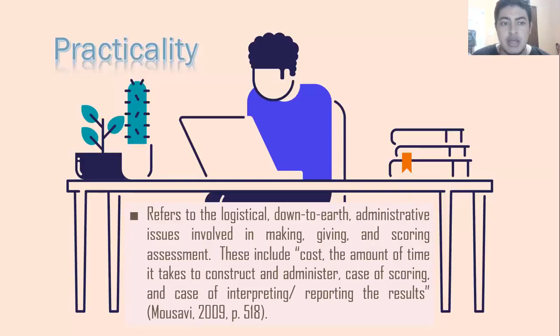We're going to see the first principle, that is practicality. This refers to the logistical, down-to-earth, administrative issues involving making, giving, and scoring an assessment. These include cost, the amount of time it takes to construct and administer, ease of scoring, and ease of interpreting and reporting the results.